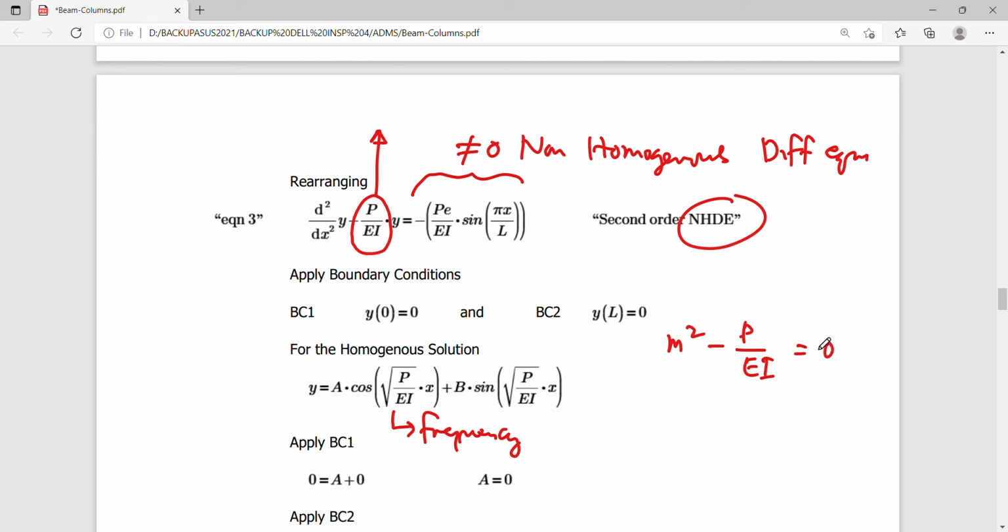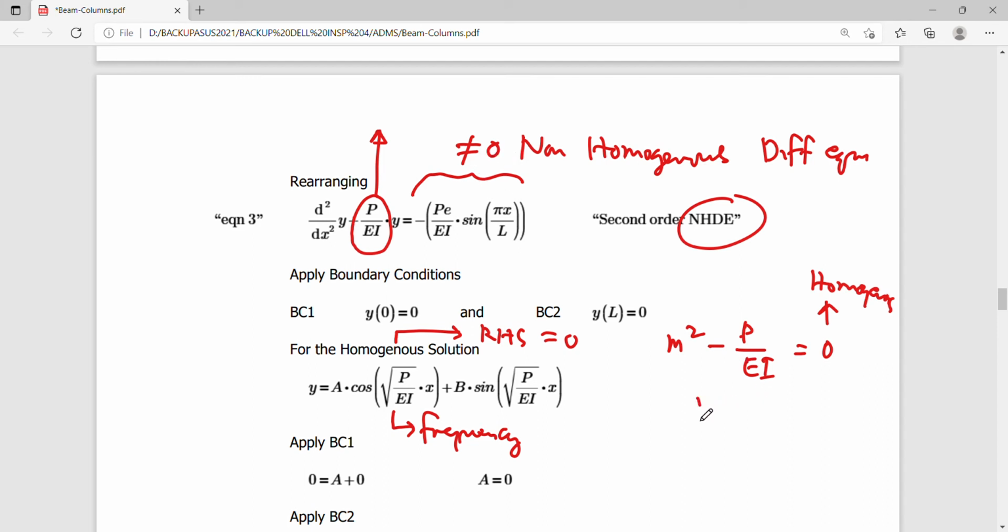So you take the homogeneous solution first. When you say homogeneous, the right hand side is always 0. A non-homogeneous equation is one where the right hand side is not equal to 0.